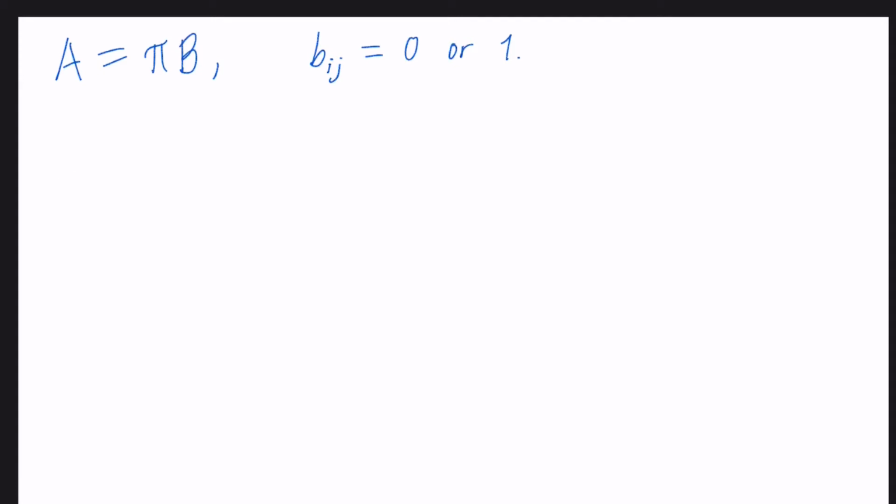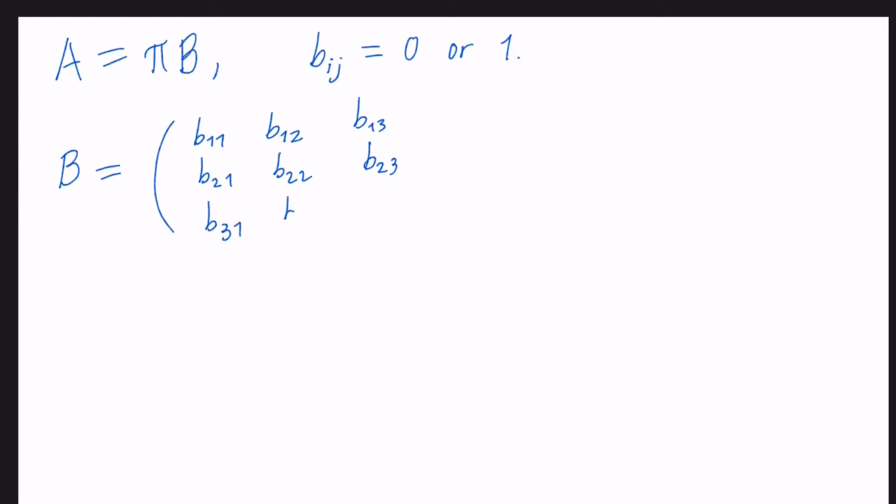So B has the following form. B is equal to B11, B12, B13, B21, B22, B23.